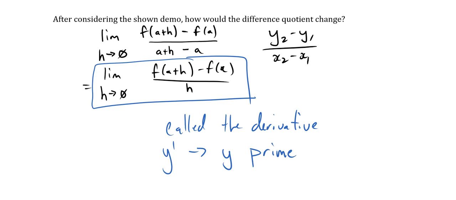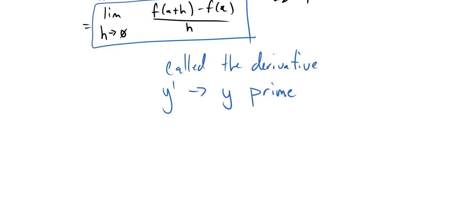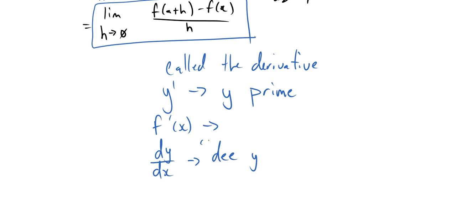Y prime is the derivative of y, or f prime x, or f prime. We also call it this, which is weird, and this is how you say it, dy by dx. And we'll start using that notation a little bit just to get used to it. That's a very common calculus notation.